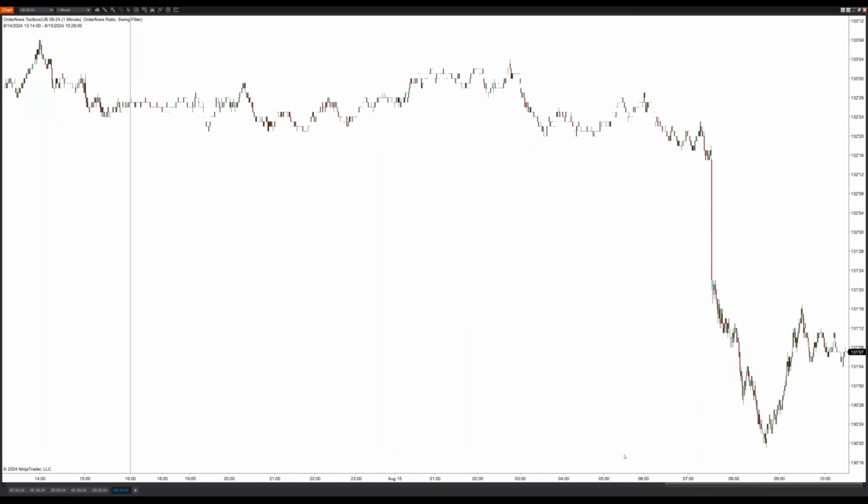Rashawn says, which PC do I use for trading? Let me show you.